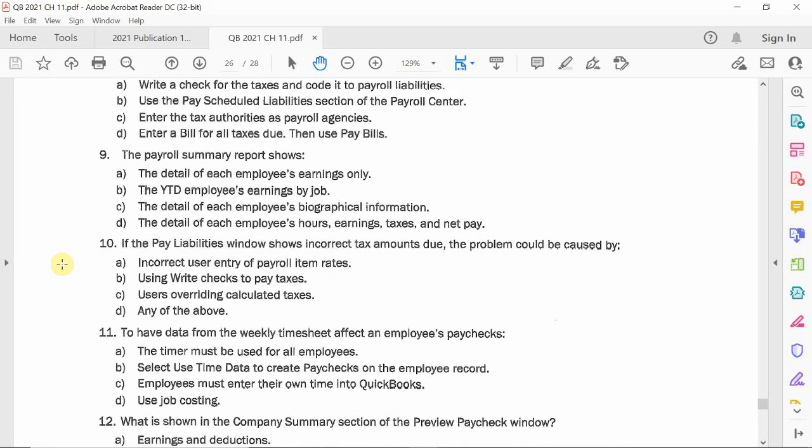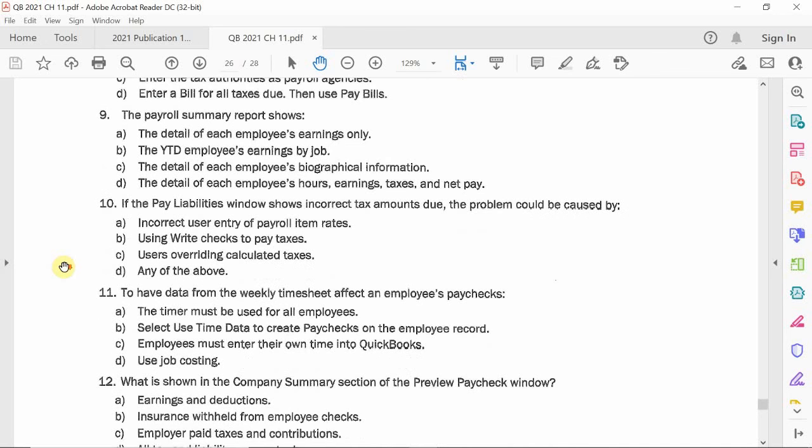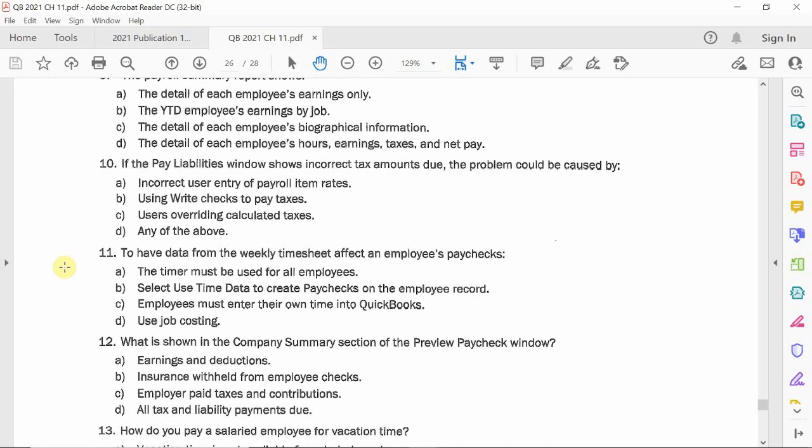So again, if you do any of these things, make sure that you adjust it accordingly. Okay. Number 11, to have data from the weekly timesheets, okay, affect an employee's paycheck.